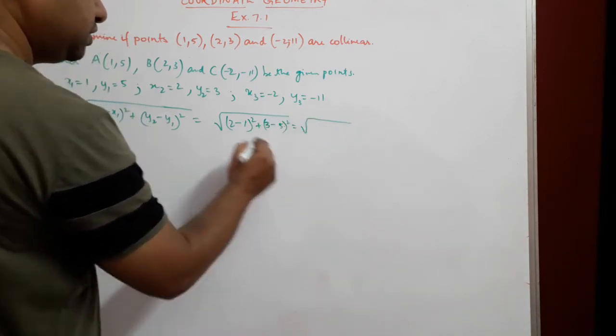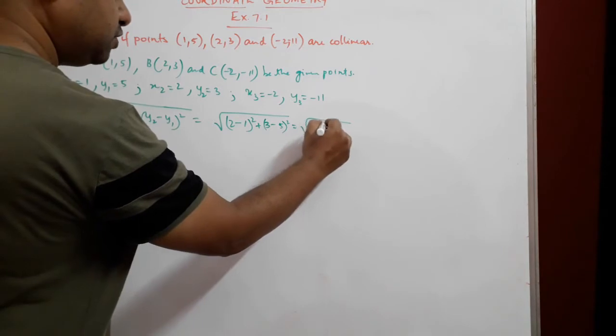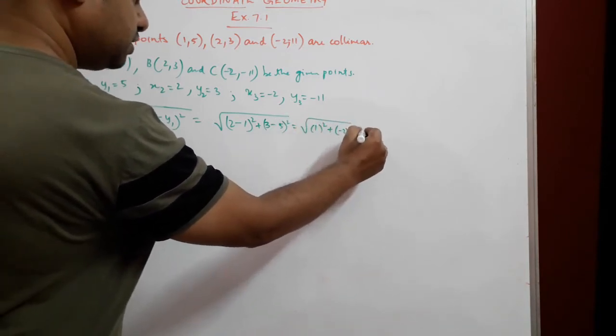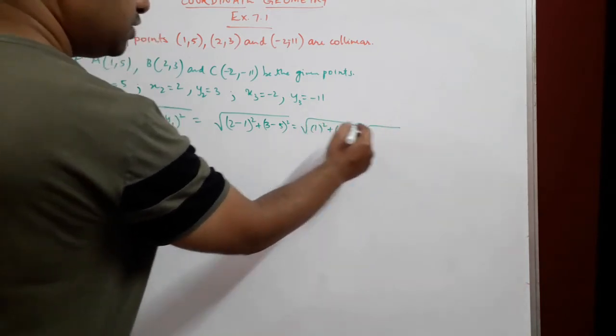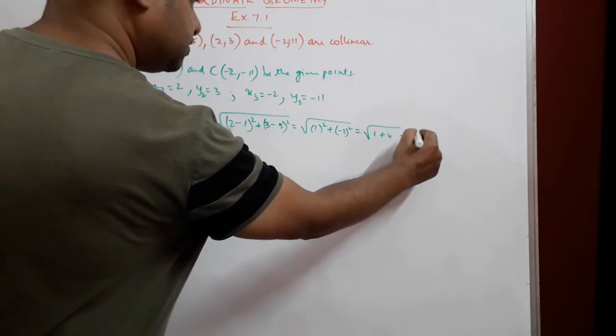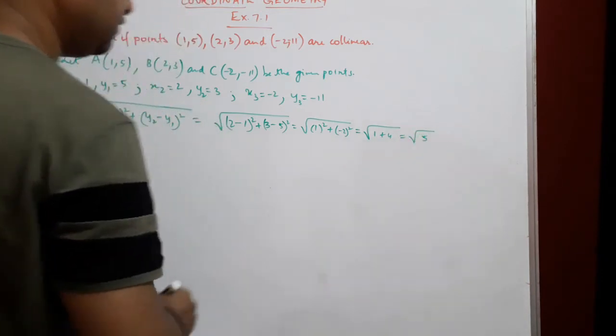That will give us 2 minus 1 gives us 1 whole square plus 3 minus 5 gives us -2 whole square, equal to square root of 1 whole square gives us 1, plus -2 whole square gives us +4. That should give us square root of 5.